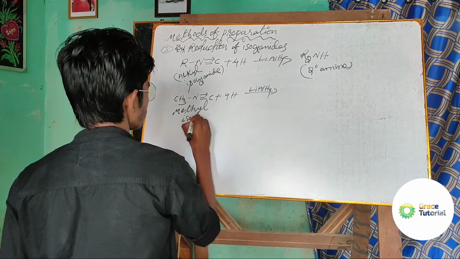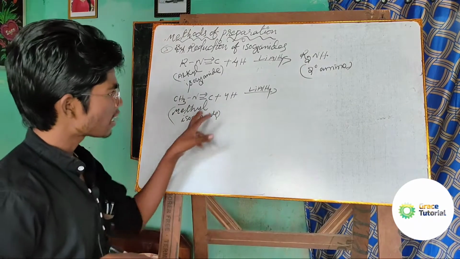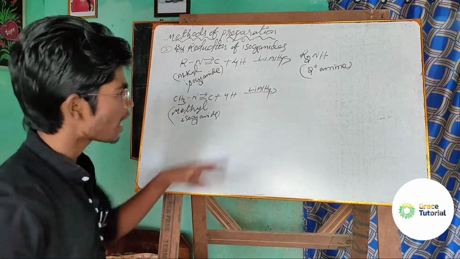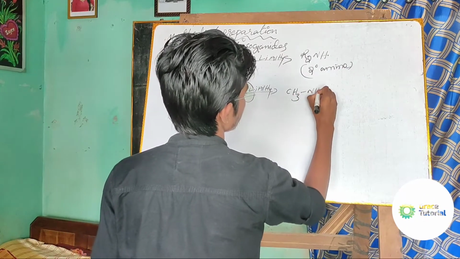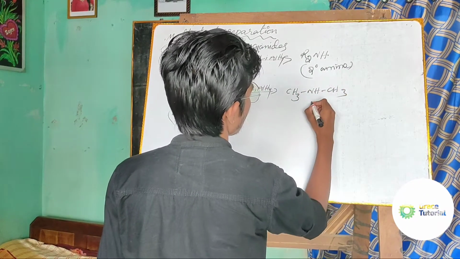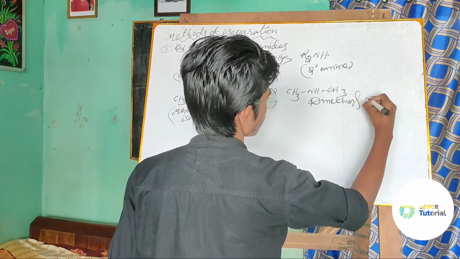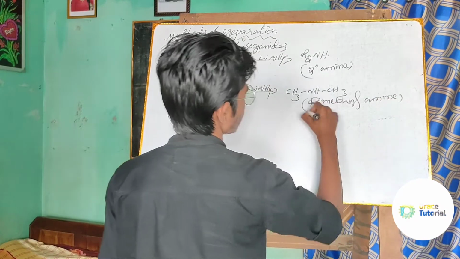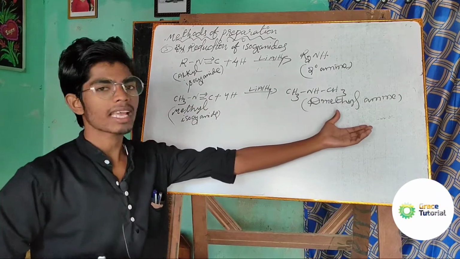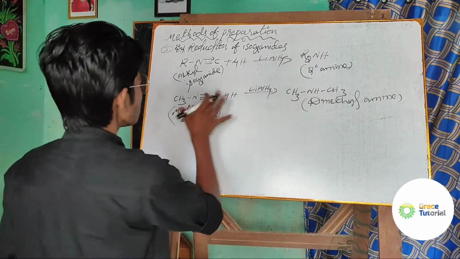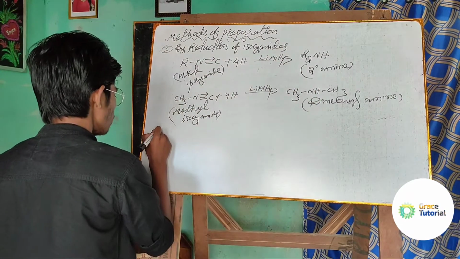When this methyl isocyanide gets reduced in the presence of lithium aluminum hydride, I get dimethylamine. Dimethylamine is obtained. So the methyl isocyanide gets reduced to form dimethylamine. This is about the third one, that is the reduction of isocyanides. Move on to the next one.